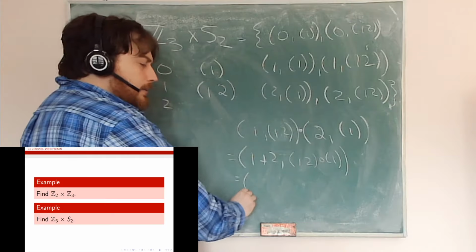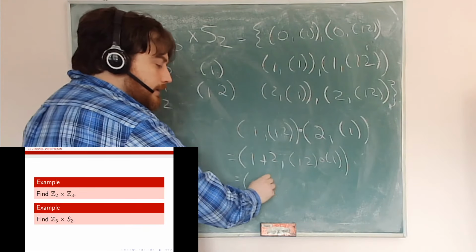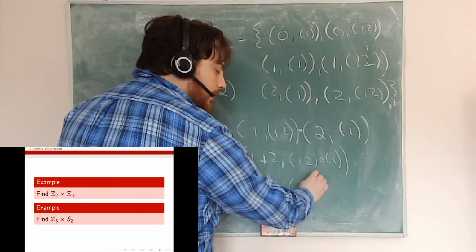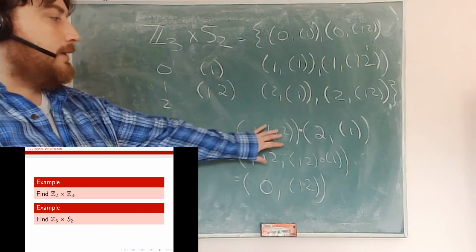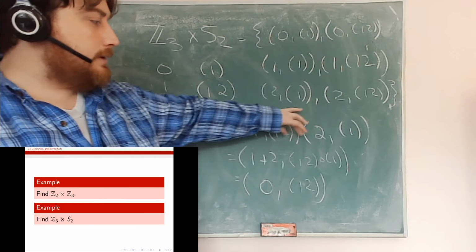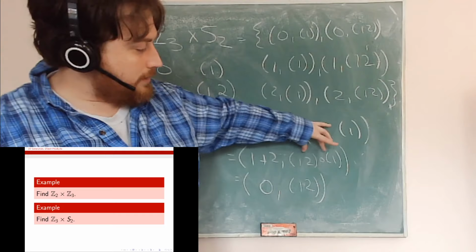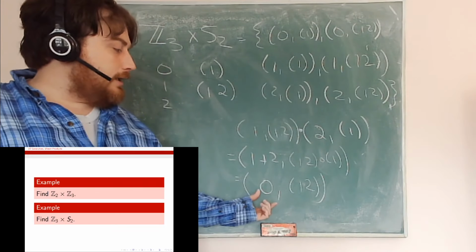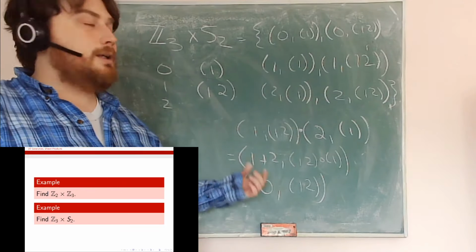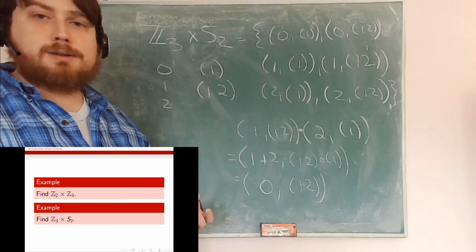So 1 plus 2 is 0, and (1 2) composed with the identity is just (1 2). So even though we have different operations between these sets, we still can treat this as component-wise operations. Here I have addition, and here I have composition, and I can still calculate what that's going to be, and I still end up with an element of the set. Does that make sense?